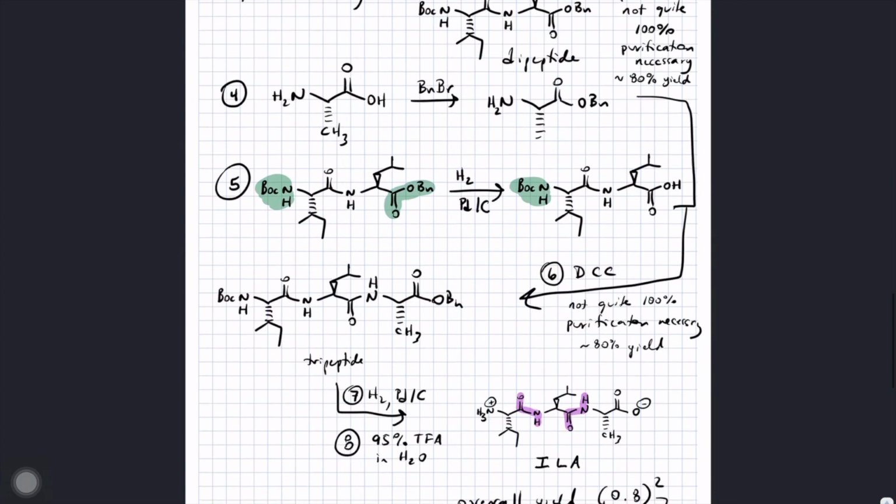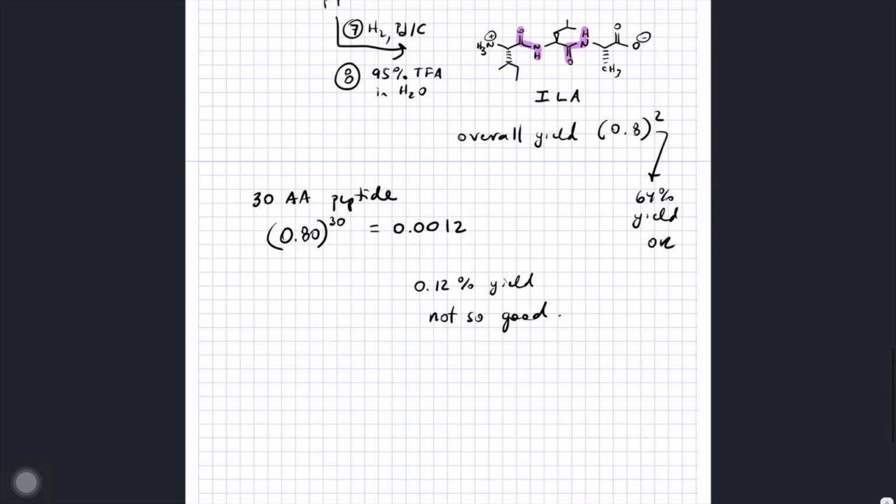And again, solution phase peptide synthesis is great for peptides that are maybe 10 to 15 amino acids long, maybe shorter. And there are some things you can do to increase the yield and make it better. But in general, once you get longer than 10 or 15 amino acids, the method's not that great anymore.